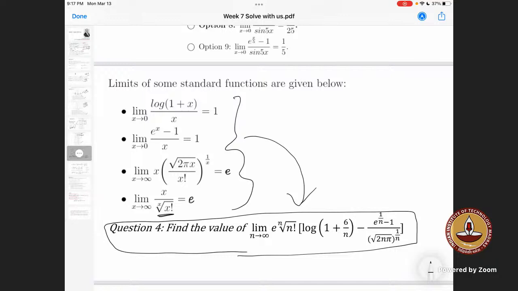Who else completed? Aryan, Purnisha. How many steps are you guys getting?